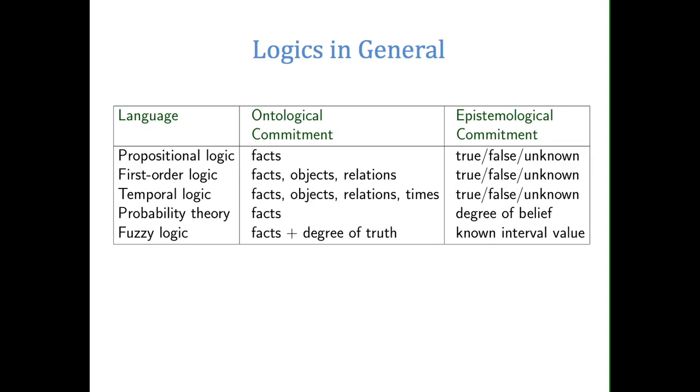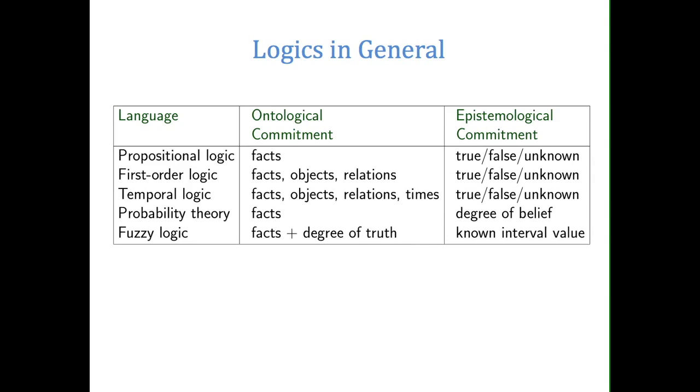In first-order logic, you've got facts, objects, and relations, and again, they can be true, false, or unknown. Unknown in the sense that it is not in the knowledge base, so we don't know whether it's true or false. Now, Prolog makes the practical choice that if it's not provable, it's false. But that's a choice.